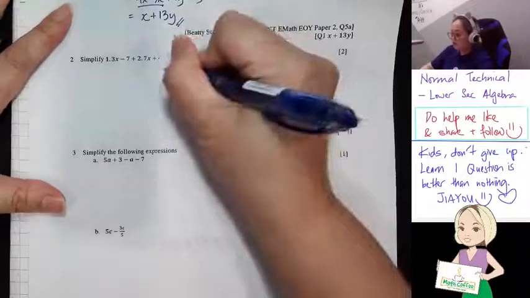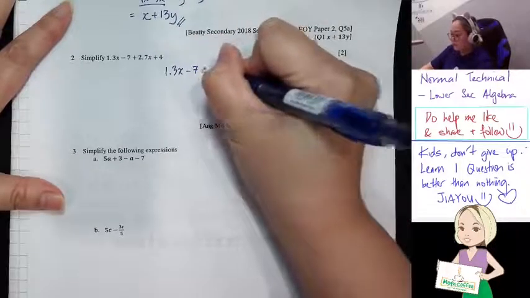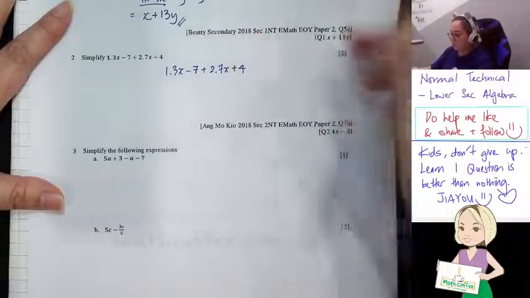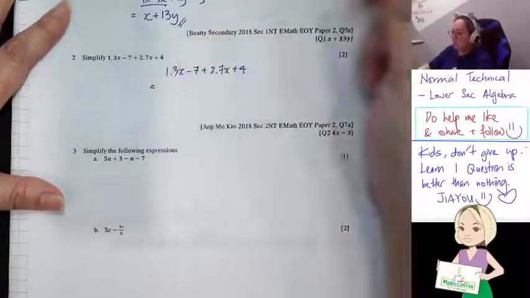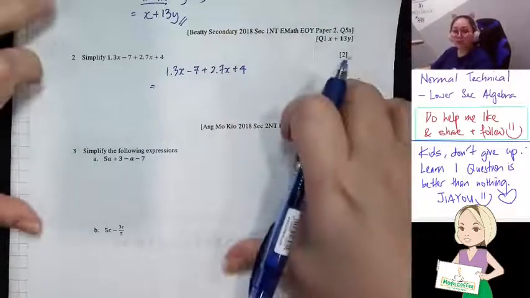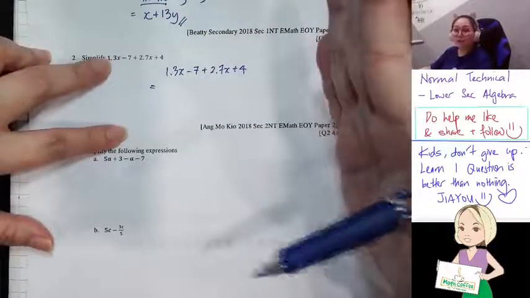So we have 1.3x minus 7 plus 2.7x plus 4. Don't need to panic when you see decimal. It's just a number. Same thing, you're going to group the apples together, oranges together.